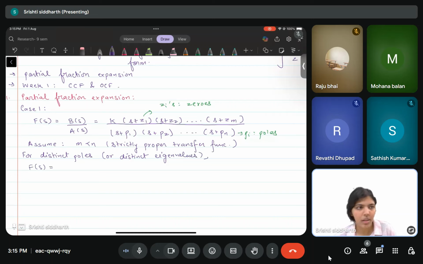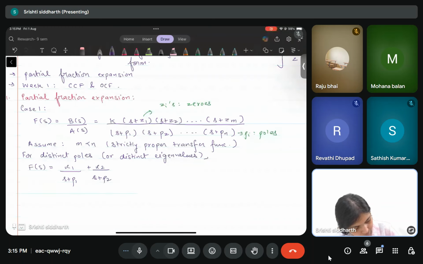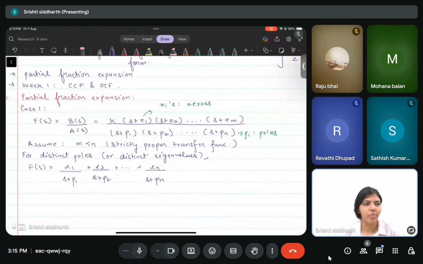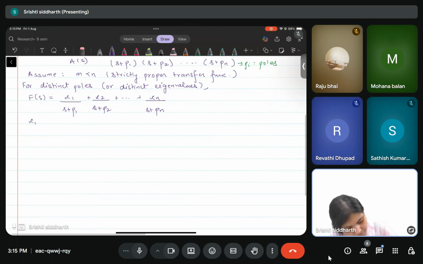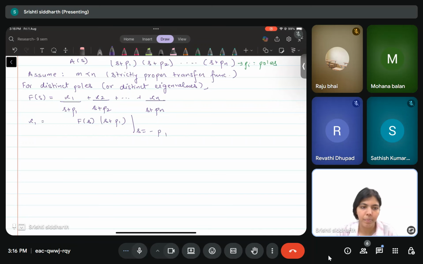F(s) can be written as some constant C1 over (s plus p1) plus some other constant C2 over (s plus p2) till Cn upon (s plus pn). And how would you find these coefficients? It's easy. C1 is actually F(s) times (s plus p1) at the value s equals minus p1.